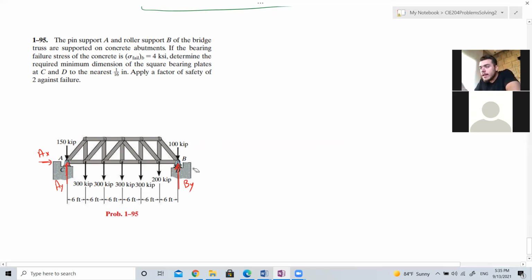If you zoom in here, Hassan, you find a square at D with side S and S. This is the square, and it's sitting on the concrete.